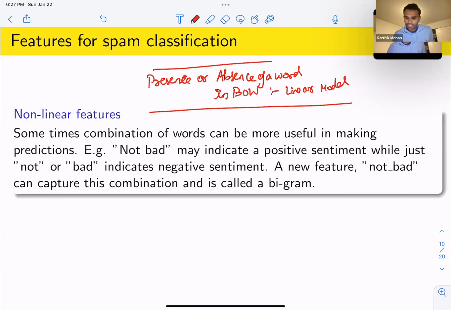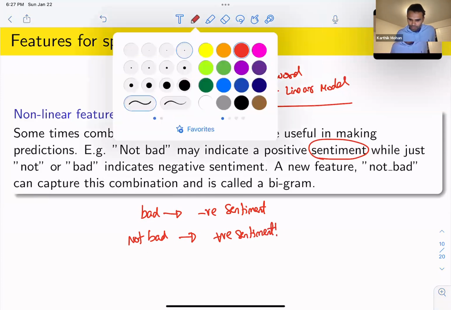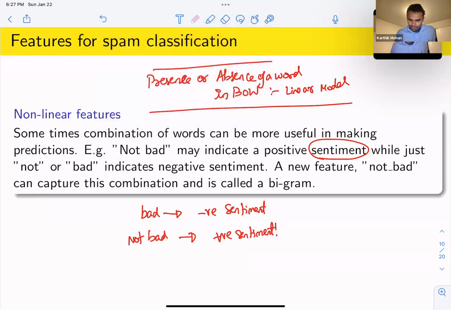For instance, in sentiment analysis, let me just spell this out. Bad indicates a negative sentiment, okay? But not bad indicates a positive sentiment. So bad is an example of a unigram. So unigrams are single words or single units.